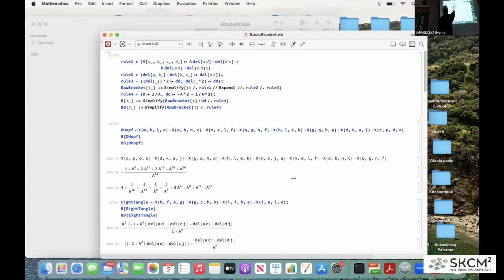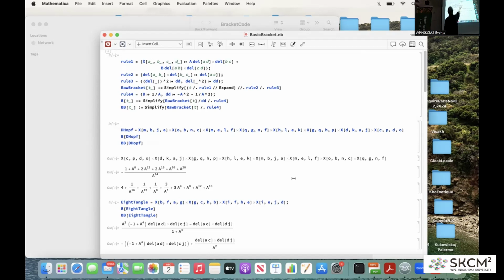ABCD is delta AD, delta BC plus B times delta AB, delta CD. That's this, possibly with some permutation of letters. Okay, then delta AB times delta BC is delta AC. And this is basically saying delta of something with one label is equal to the D. And then you tell it, do these rules again and again until you can't do them anymore.